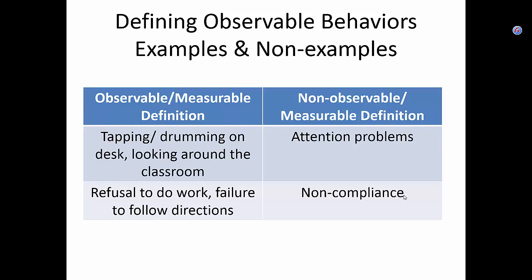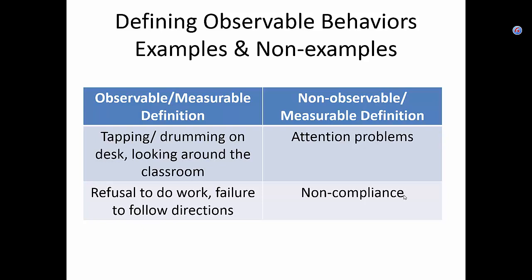Oftentimes we hear people throw out more non-observable definitions, like a student has attention problems. Well, attention problems can look like a lot of different things across a lot of different students. So we want to get more specific and more observable than that. As you look on the left column here, we can break attention problems down into tapping your fingers, drumming on the desk, looking around the classroom.